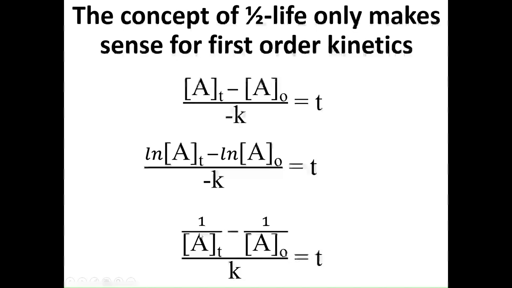But what if for that same exact reactant, I had started off with 2 molar instead of 1 molar? Now I end up with 1 molar at a half-life, and so that's 1. So I'd have 1 minus a half, so I'd have 0.5 in the numerator over k, which is a different number, a different amount of time. So you can see the half-life time is changing for second order kinetics.